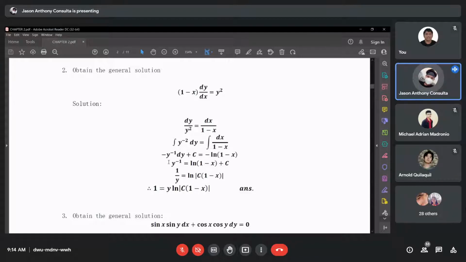Okay, so to be safe, just do this, because if you can't remember the rules of the natural logarithmic function, up to here is okay with me. As long as I see your general solution, with the arbitrary constant, and you integrated correctly, it's okay. Okay?